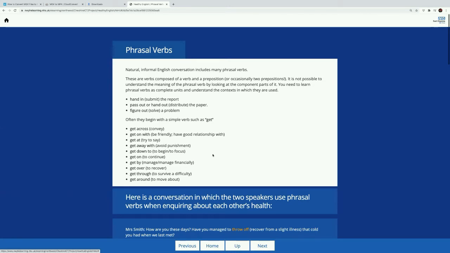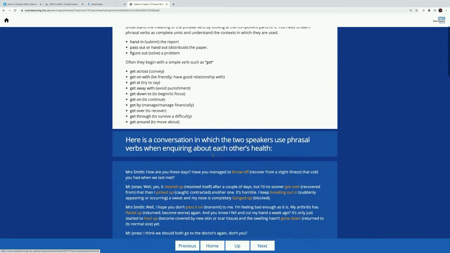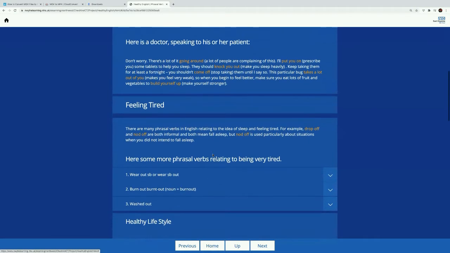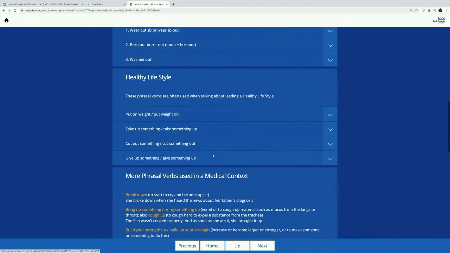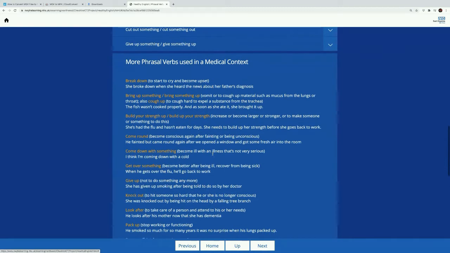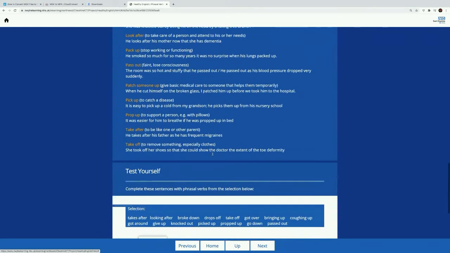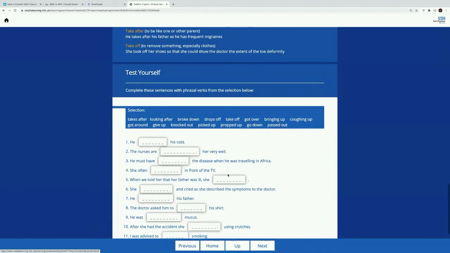Get across, get on with, get at, get away with, get down to, get on, get by, get over, get through, get around. And here we have conversations and typical situations in which phrasal verbs would be used in medical or care contexts. Little test at the bottom.